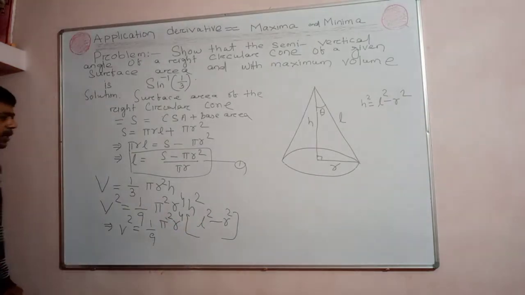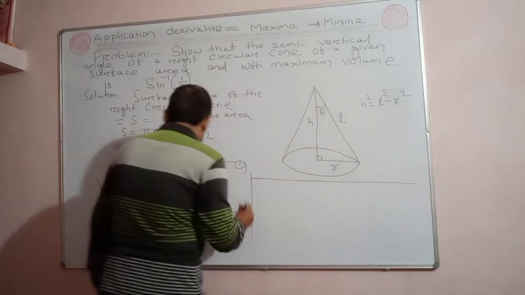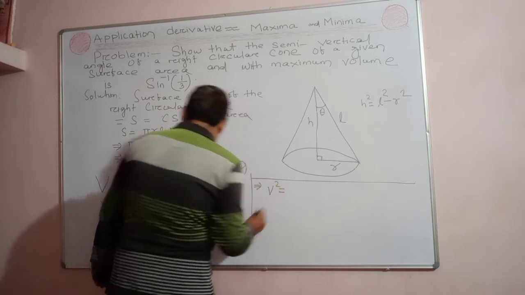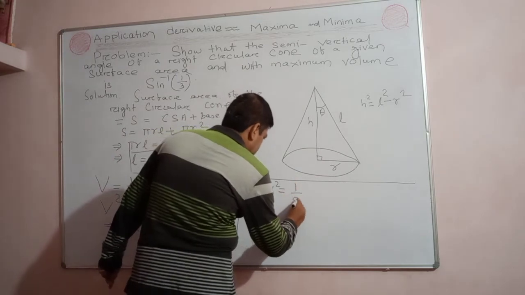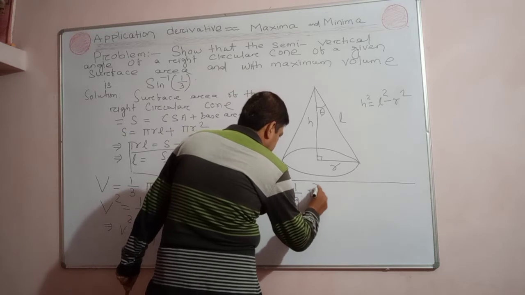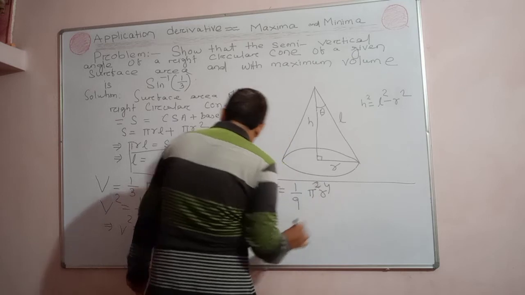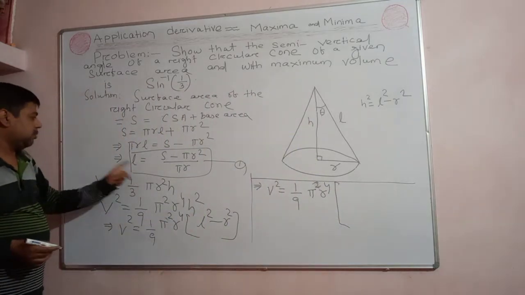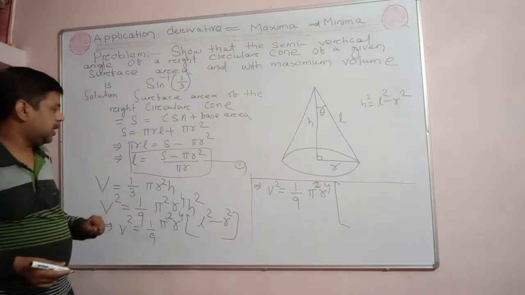Then V square is equal to 1 by 9 pi square r to the power 4 and L square. Now what is the value of L here? Replace the value of L, which is S minus pi r square by pi r.